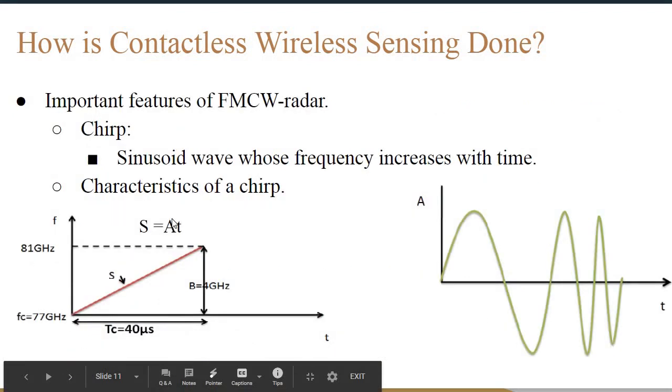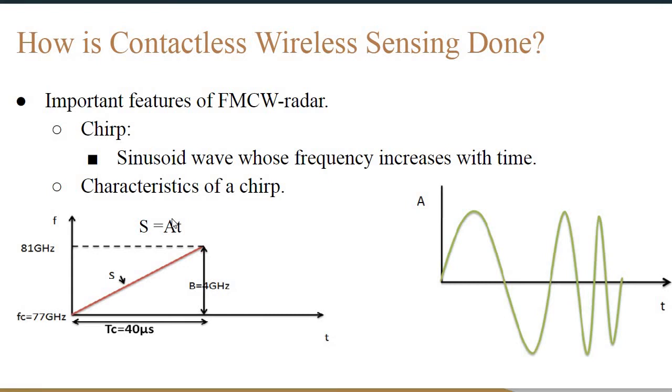Now we discuss some important features of the FMCW, and we start with the chirp. The chirp is essentially a sinusoid wave whose frequency increases with time.